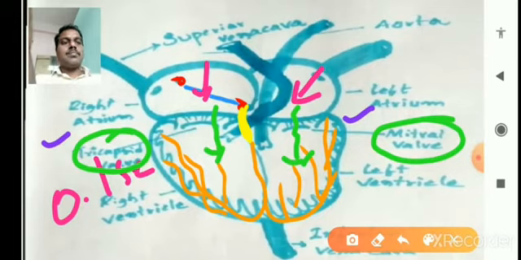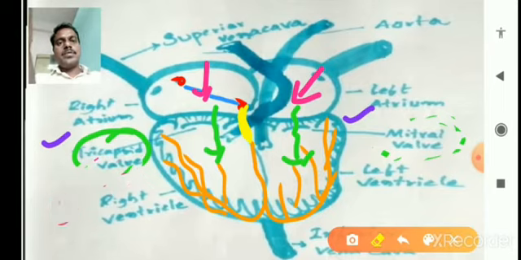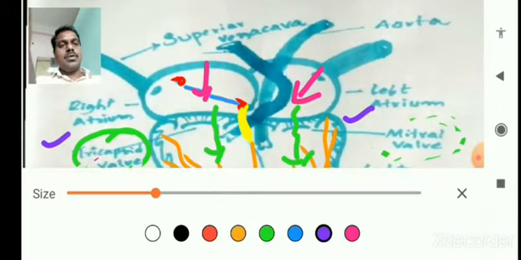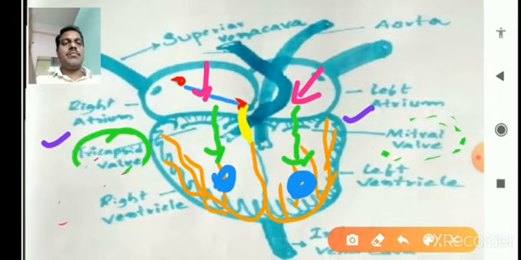With the tricuspid and bicuspid valves open, the deoxygenated blood is transferred into the right ventricle, and the oxygenated blood is transferred into the left ventricle.